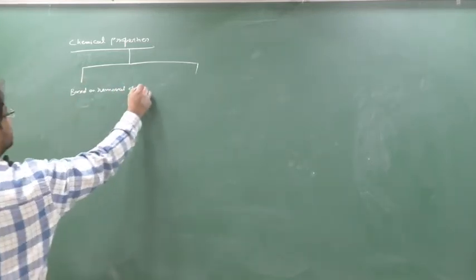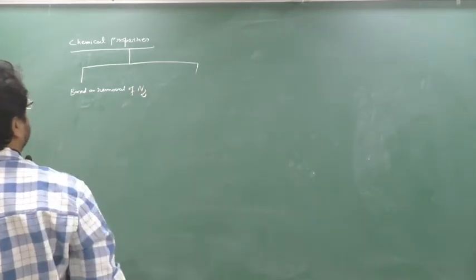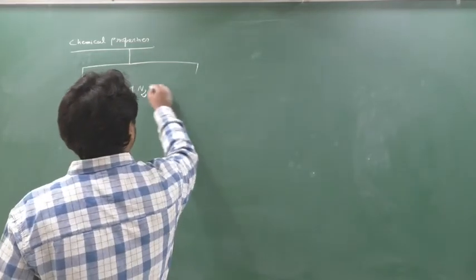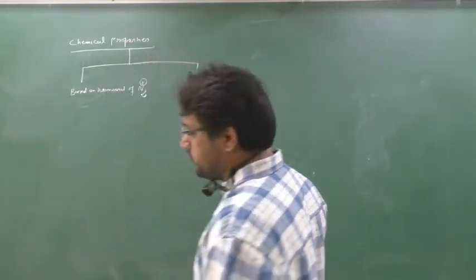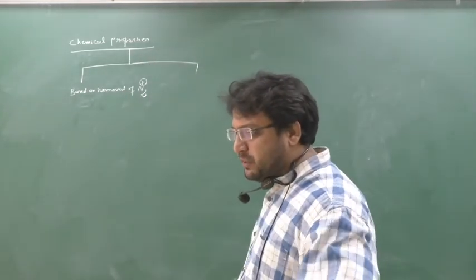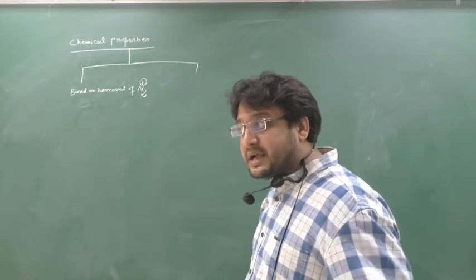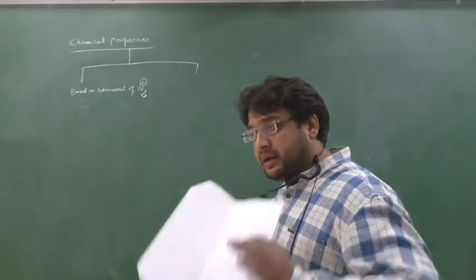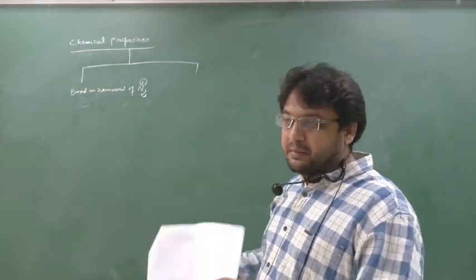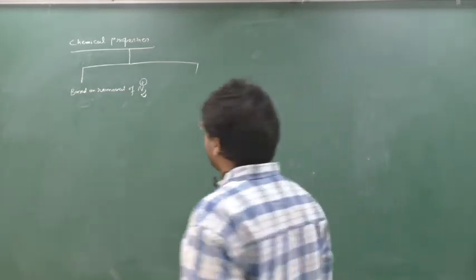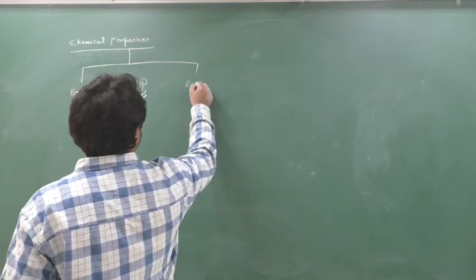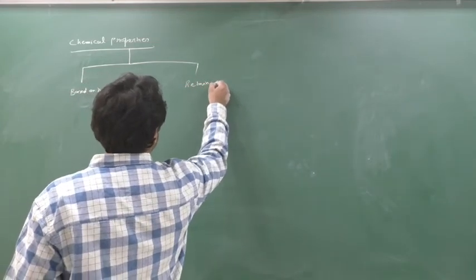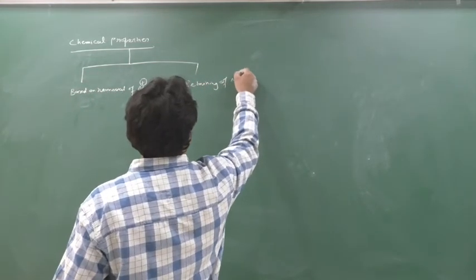Removal of N2 plus means it is based on two. First property is based on removal of diazo group and second property is based on retaining of diazo group. Retaining means to save it, to sustain it. So based on removal of diazo group, and second property is based on retaining of N2 plus group.